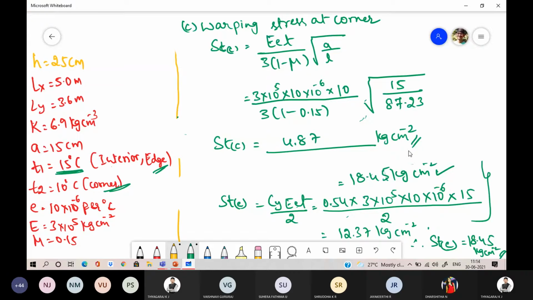Is it clear, this problem? Any doubts? Kindly note down the stress at corner, stress at edge and interior. We will move to the next problem. After noting down, tell me if it is completed.